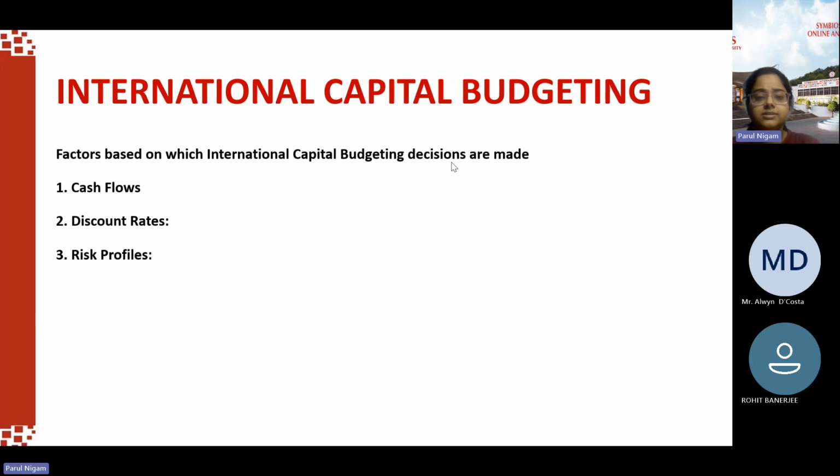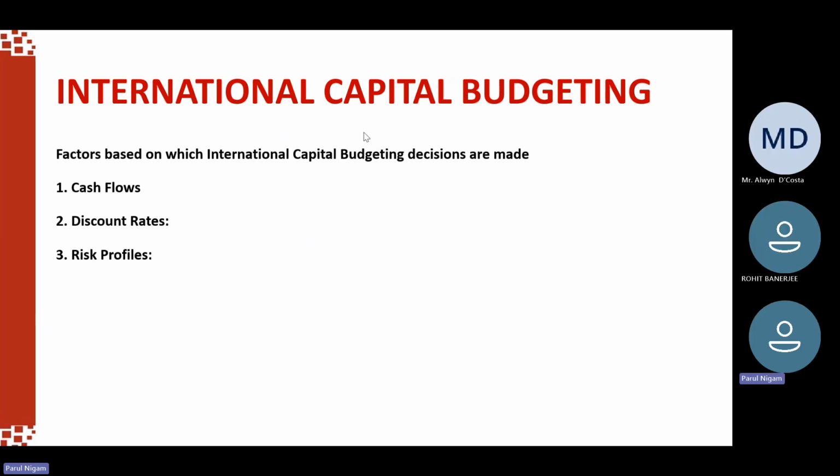Now, there is the cost of capital. Companies must evaluate the cost of borrowing and equity financing in different countries.